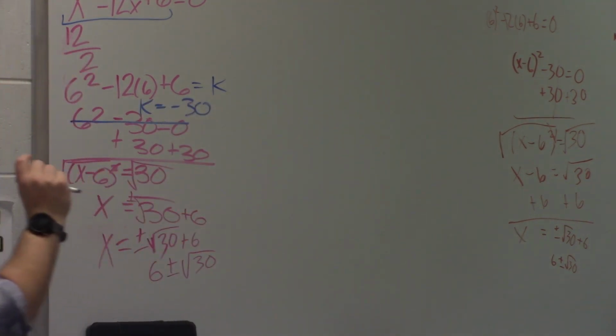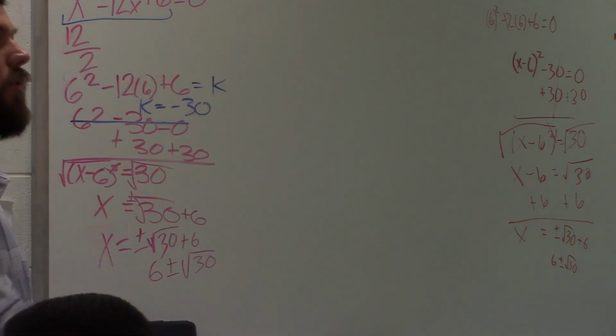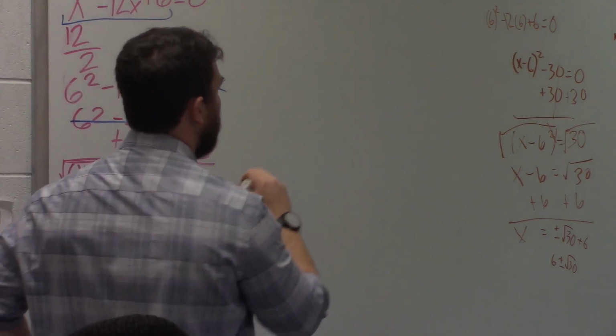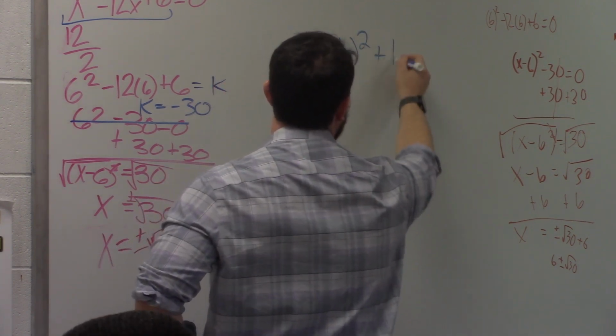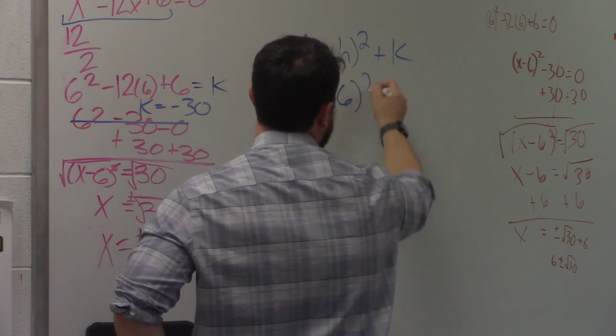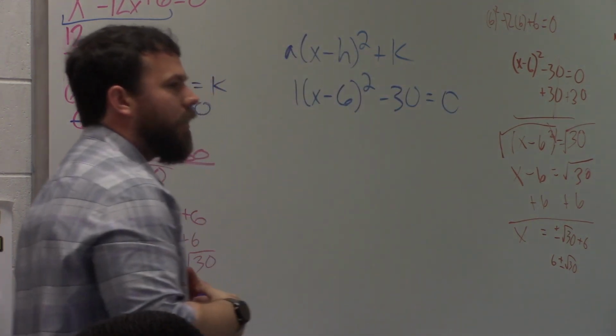When I substitute h in, what am I supposed to get out? K. When I substitute h in, I'm supposed to get out my k. So label it that way to help you focus your attention so that we can easily substitute in here. 1 times x minus 6 squared minus 30 is equal to 0, right?